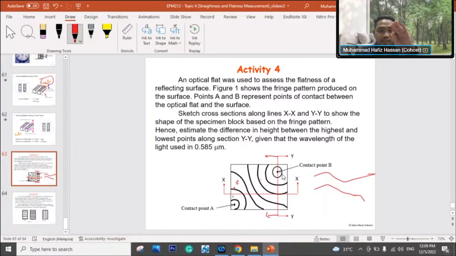If the arrow is moved to the right side, contact B is supposed to be at the left side. So it depends on the arrows of the cross section that you want to observe. This is one of the capabilities you need, to understand and imagine how the contact is supposed to be.